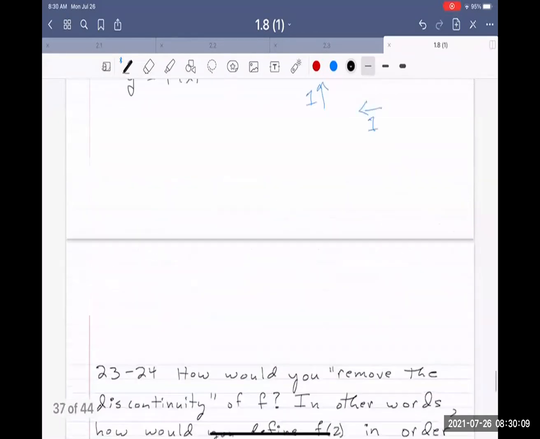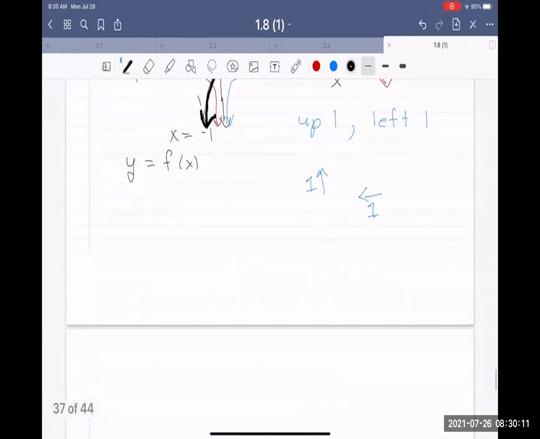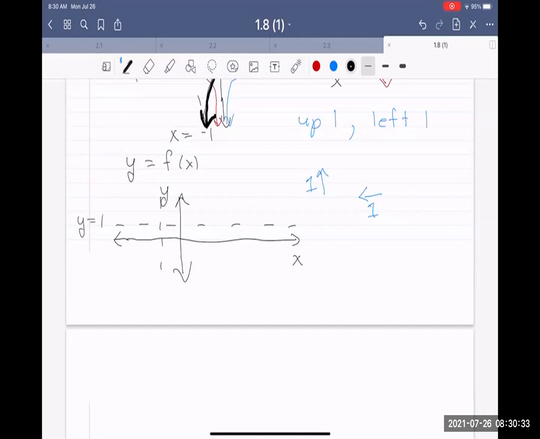Let me sketch it here without all those other graphs.